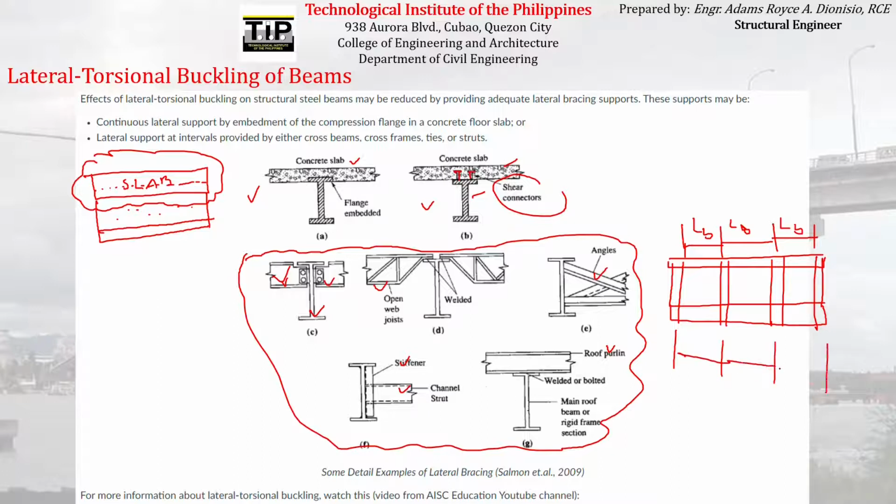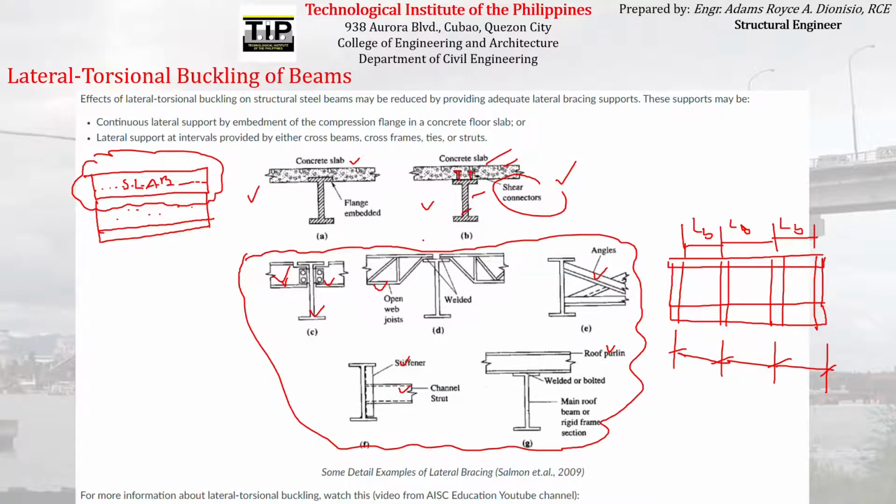Okay, for the case of individual or separate lateral bracing, this type of lateral bracing is much preferred, although it is usually used for composite construction. When you say composite construction, you are using two different materials, the concrete and the steel.